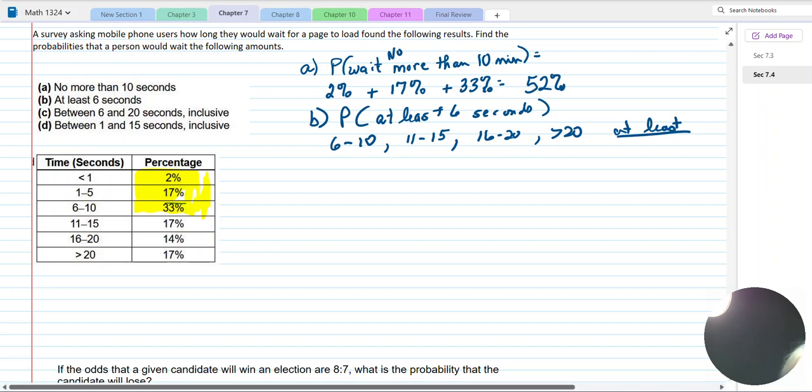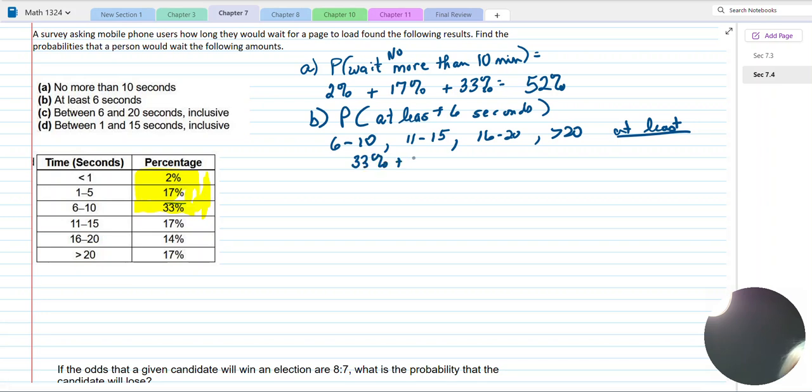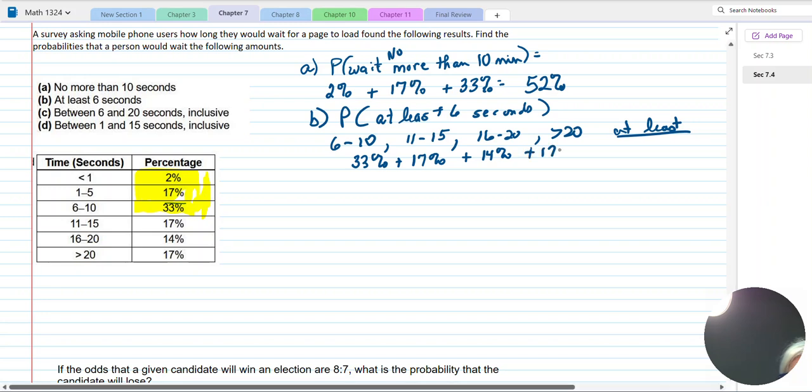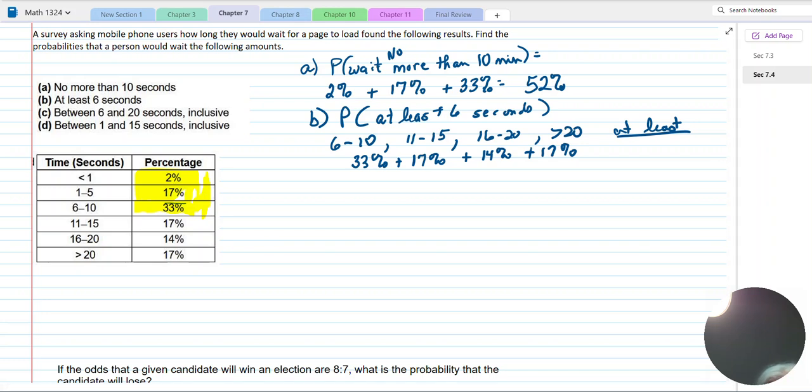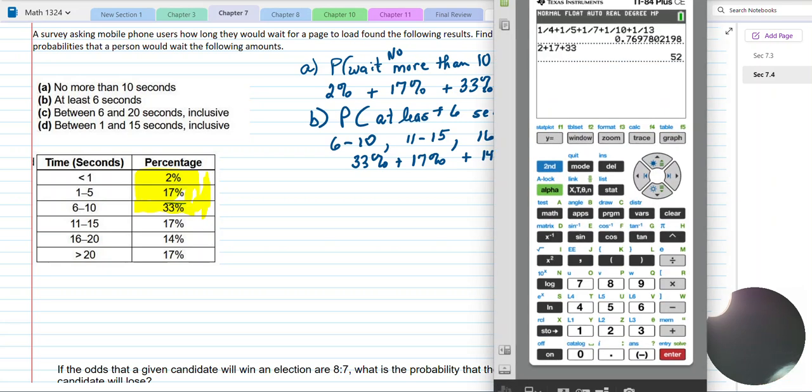So we're going to add those percentages. That would be the 33% plus the 17% plus the 14% plus the 17%. And we would add those values up in our calculator. And we would get 81%.